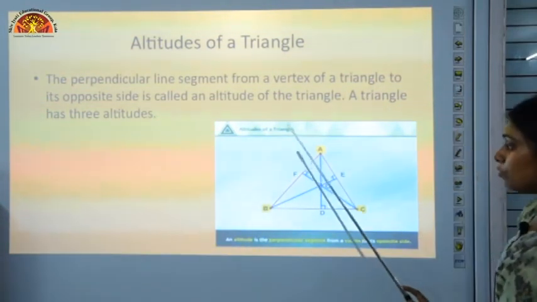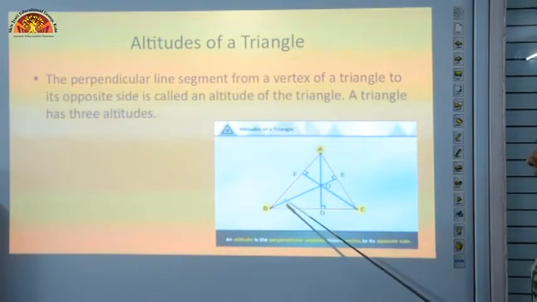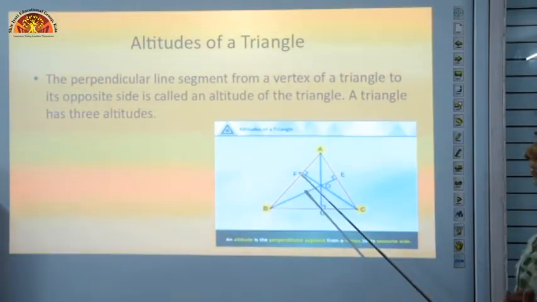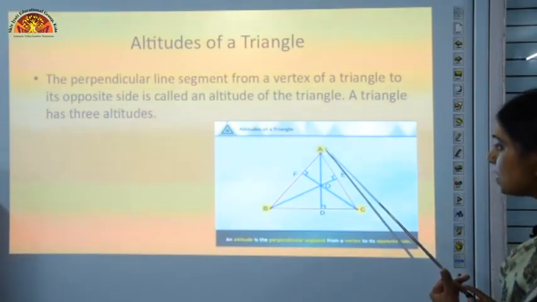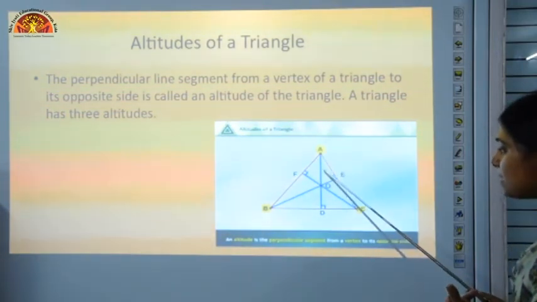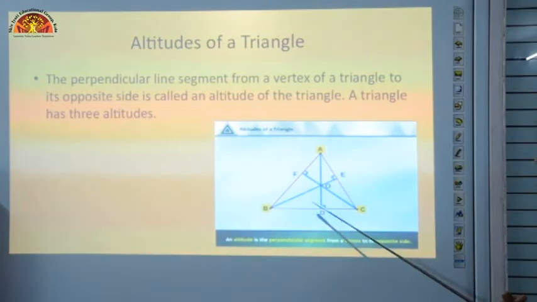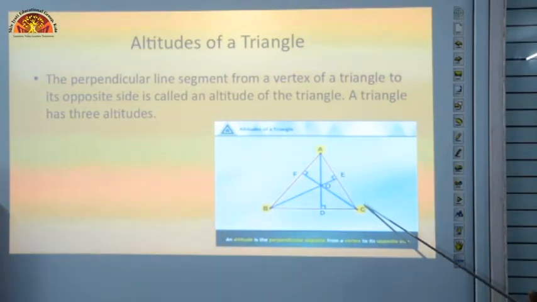So, just see the figure children. It is a triangle ABC and in this there are 3 altitudes, that is the perpendicular line segment. You can see the vertex A and AD is a perpendicular line segment to the opposite side BC.